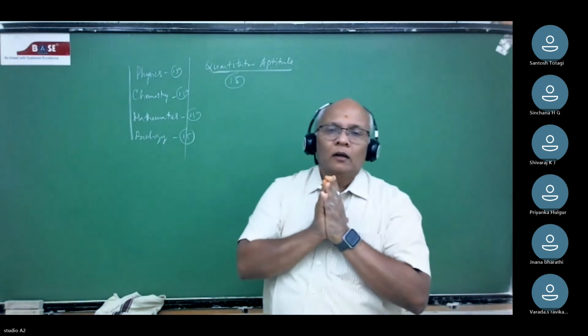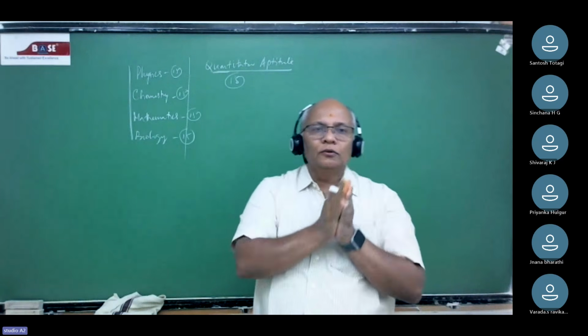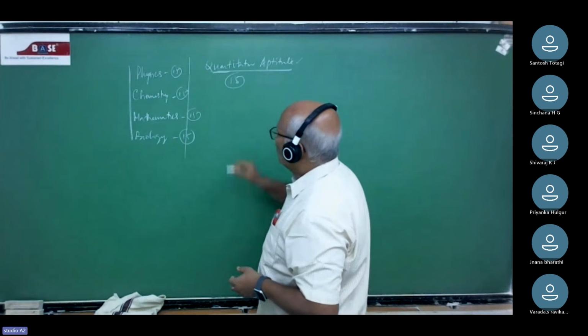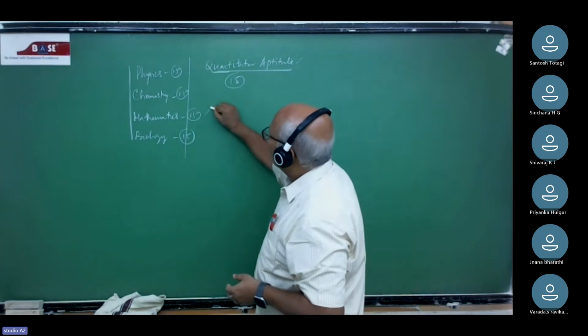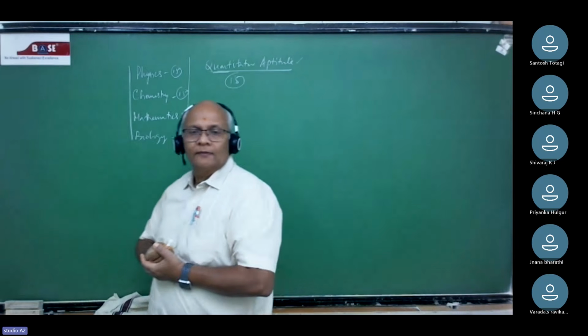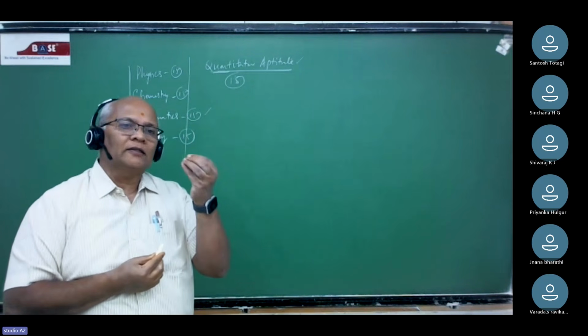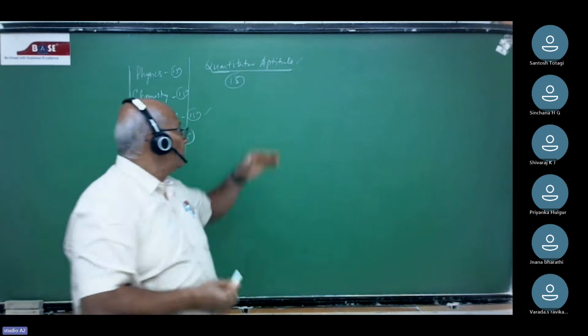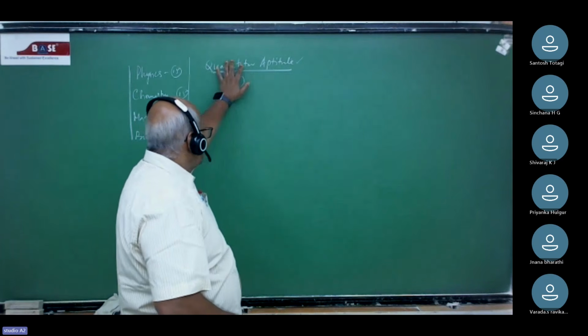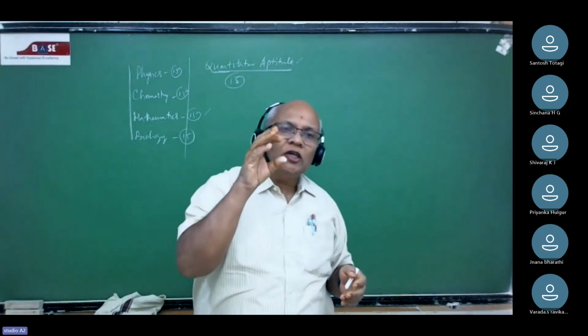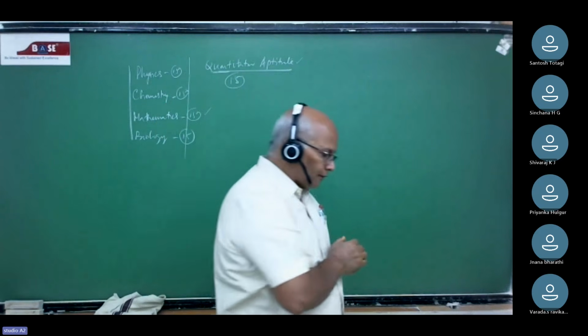Now, coming back to the streams on which I prefer to elaborate, quantitative aptitude as well as mathematics, because both of these will be set by a mathematics teacher only. So I prefer to elaborate on these because they contribute a major chunk to the selection of students.